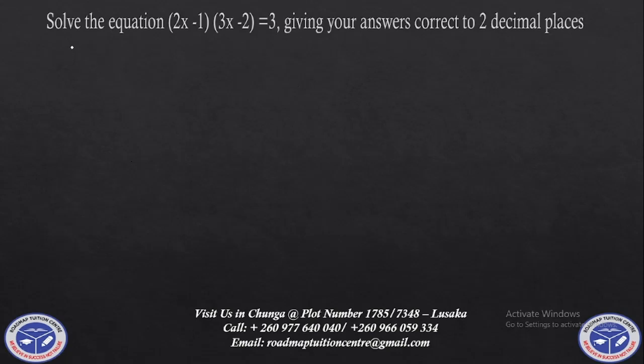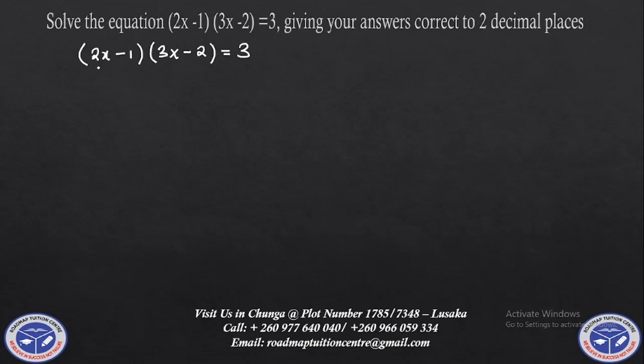So how do we solve this question, which is (2x - 1)(3x - 2) being equal to 3?